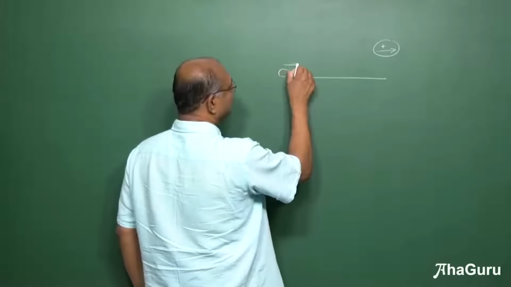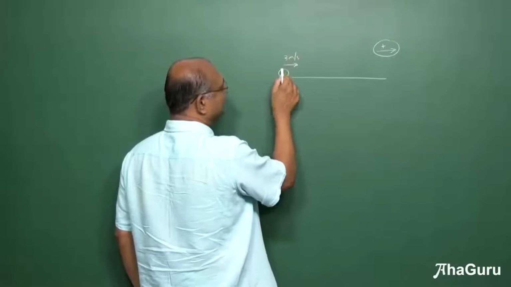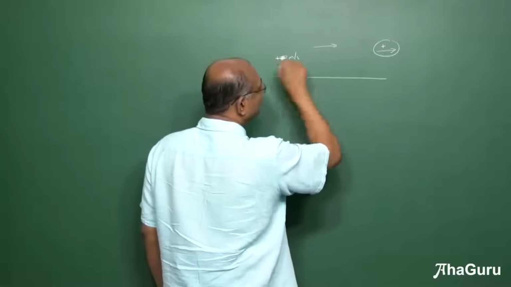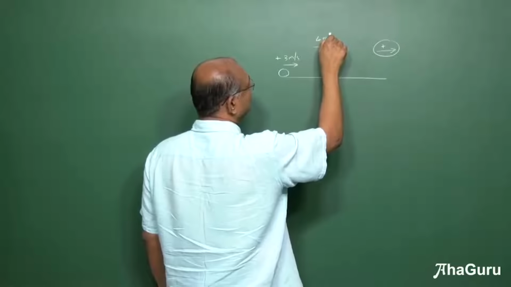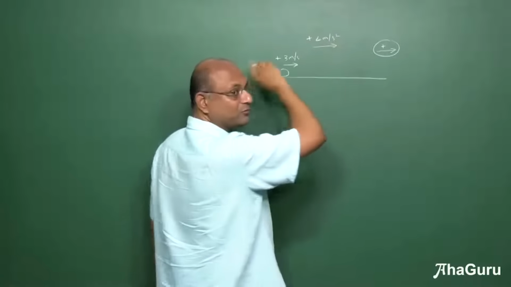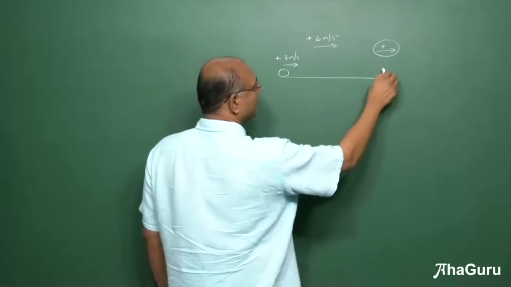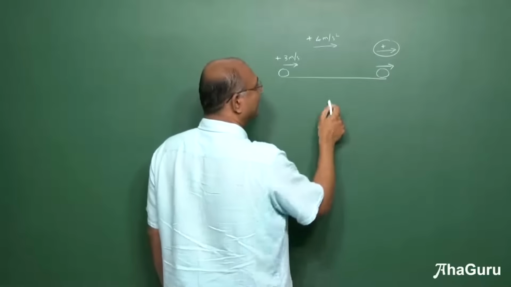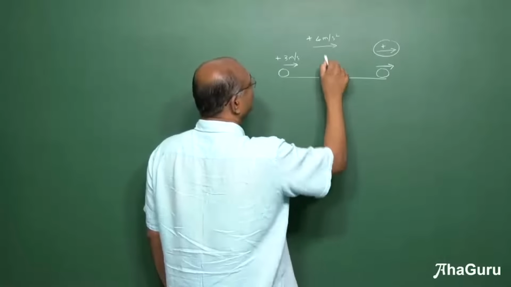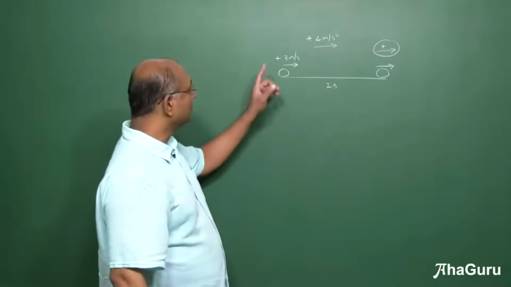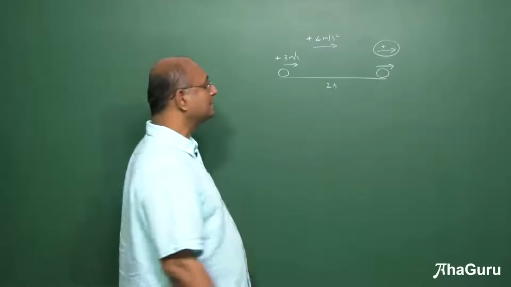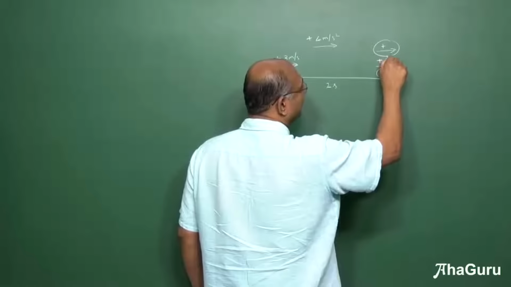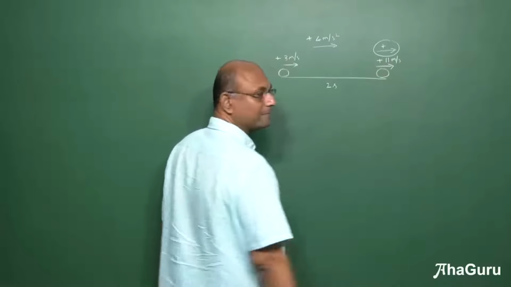So if I now say that this is 3 meters per second in this direction, it is plus 3. And if my acceleration is also in this direction, 4 meters per second square, it is plus 4. Let us say that my final velocity is what I want to calculate. And let's say that this was 2 seconds. 4 into 2, 8. So 3 plus 8 is how much? 11. It is 11 meters per second in this direction, plus 11 meters per second.